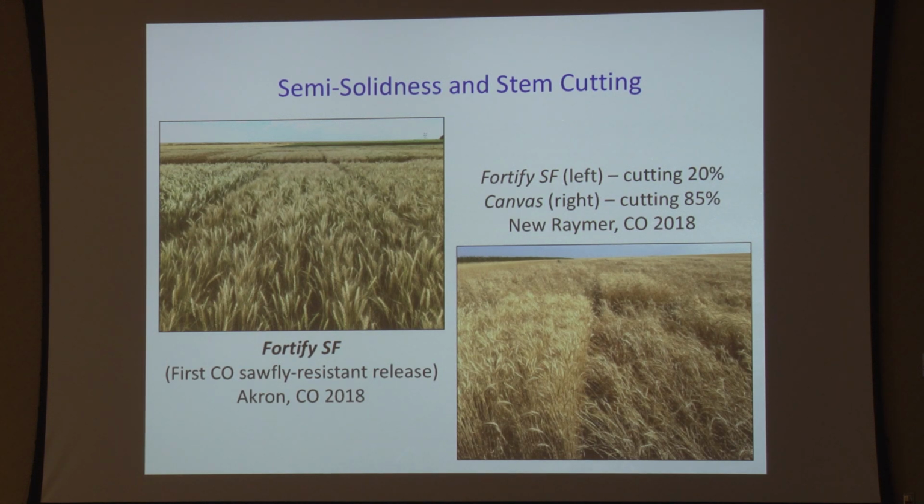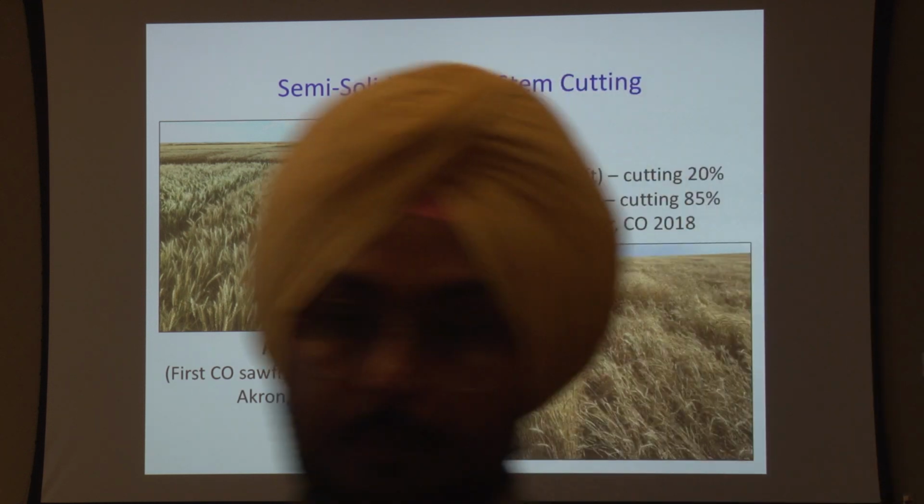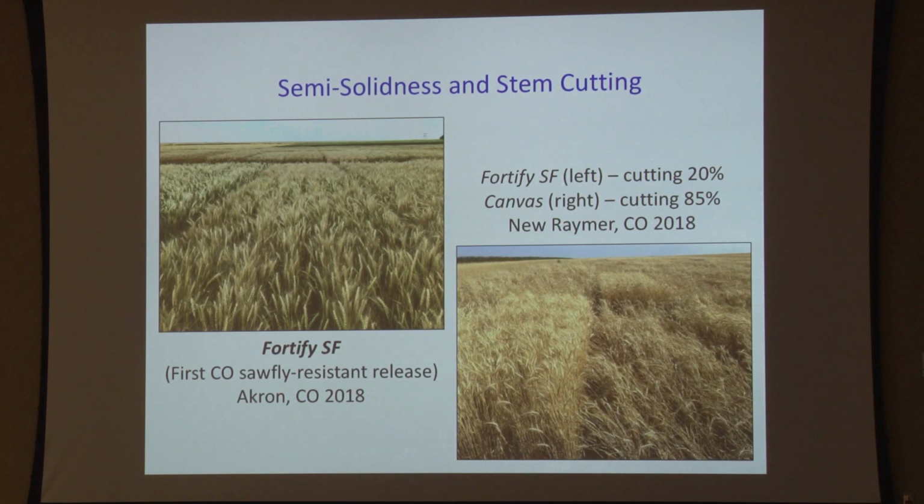So the Fortify, on the bottom photo, Fortify is on the left. The cutting percentage was 20% compared to Canvas on the right, 85%. So a major difference there. So I would think farmers that have had this insect show up in their area would be very interested in this variety.